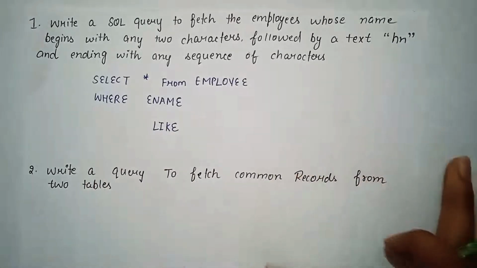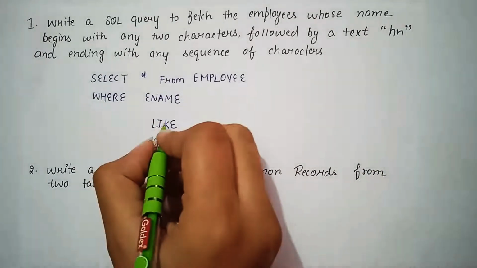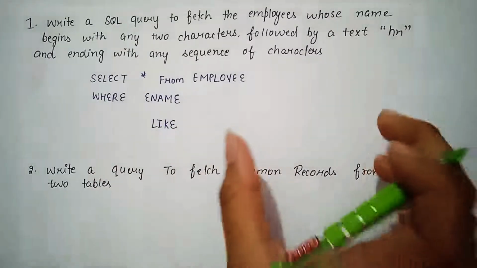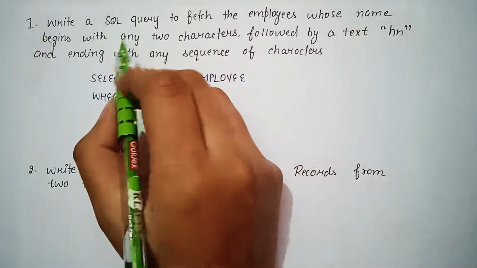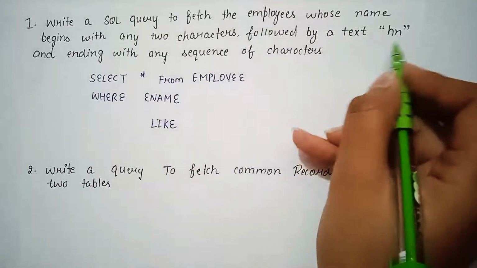Okay, so like is nothing but a pattern matching operator that is used in SQL. Now the condition would be, what is it indicating? That a name should begin with two characters that is followed by HN.